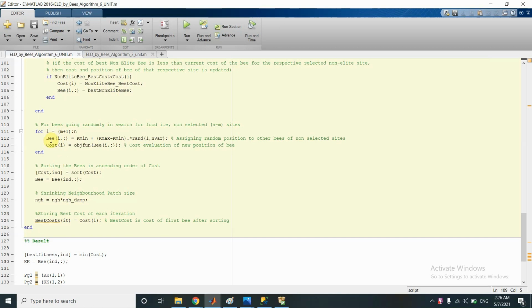And now for finding the position of bees that are sent in random direction, we will use the same method as we used for finding the position of bees at the initialization part. We will generate a random number between 0 and 1 and multiply it with the range of that particular dimension, that is k max minus k min, and whatever the value we get, we will add it to the k min, that is the lower bound.